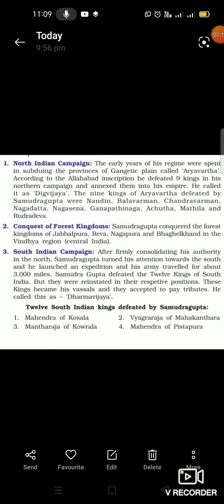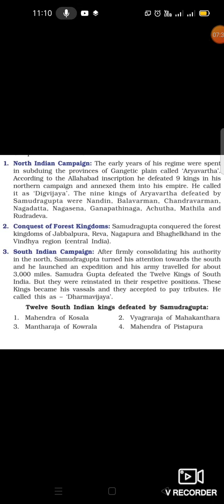Samudragupta defeated the 12 kings of South India, but they were reinstated in their respective positions. These kings became his vassals and accepted to pay tributes. He called this Dharma Vijaya.